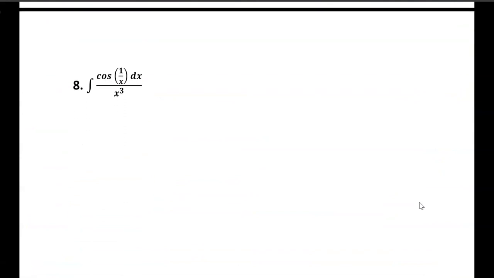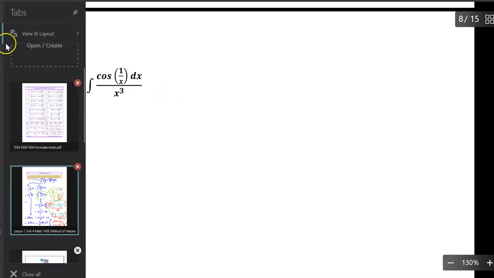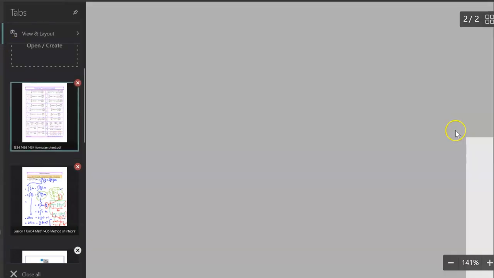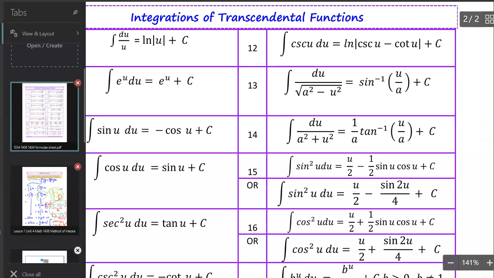Question number 8, again I have the cos of this argument times dx divided by x to the exponent 3. So let's go to our formula sheet again. I see that there is a formula for cos.